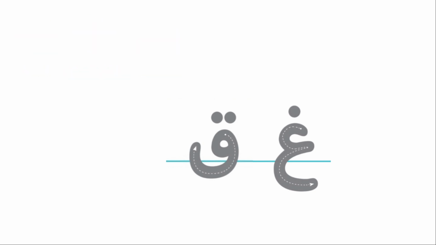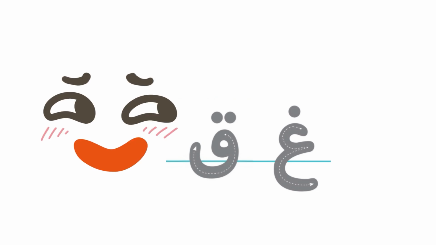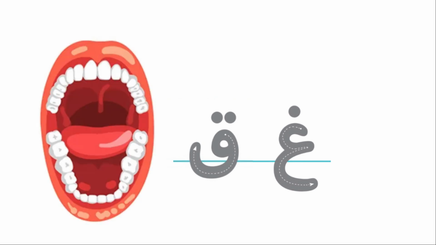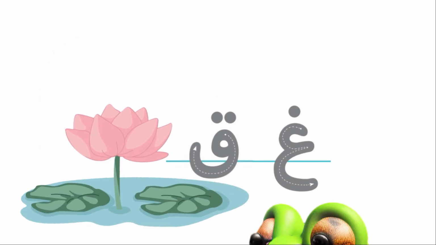Now let me help you to pronounce them in your throat. Imagine you're gargling. When you gargle, you use the bottom of your throat next to the small tongue and you contract there and make this sound. In a funny way, imagine you are imitating a frog.